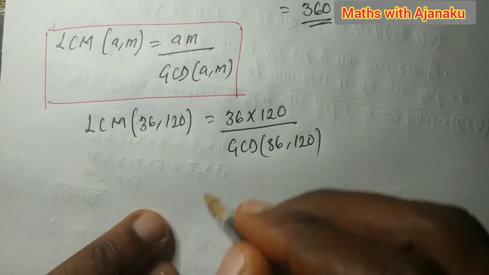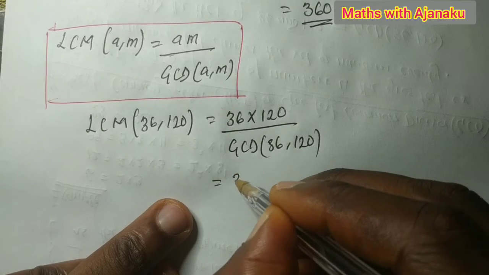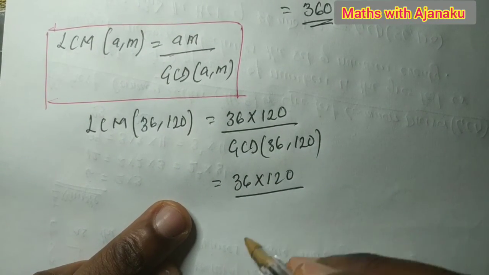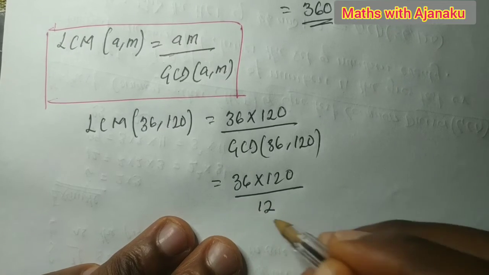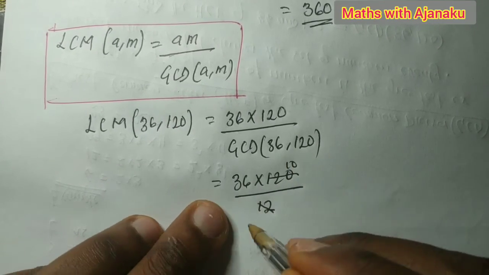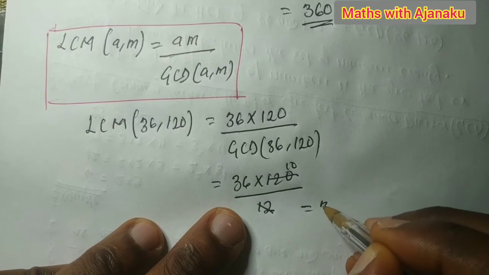This is equal to 36 times 120. Don't forget our GCD earlier was 12. So 12 here 1, 12 here 10. So this is 36 times 10, which is equal to 360.